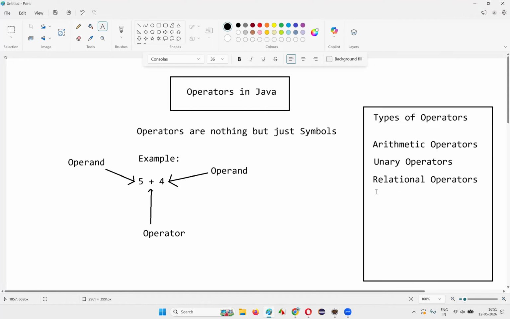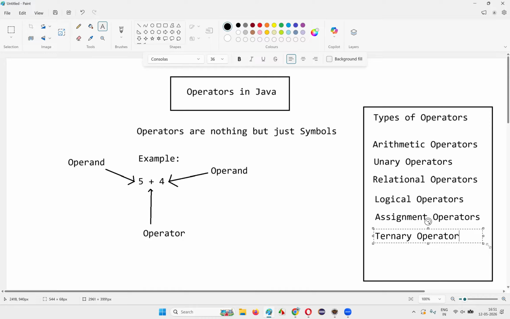The fourth category is logical operators. Then we have assignment operators. After assignment, we have the ternary operator.